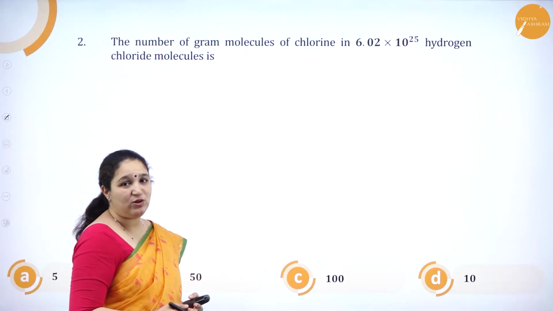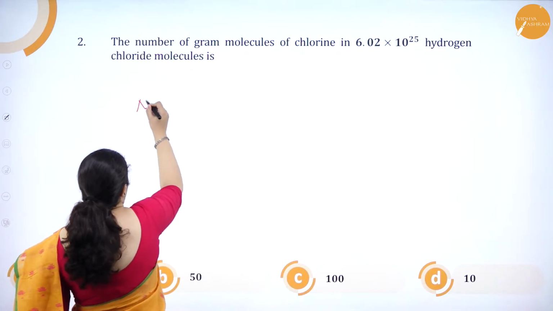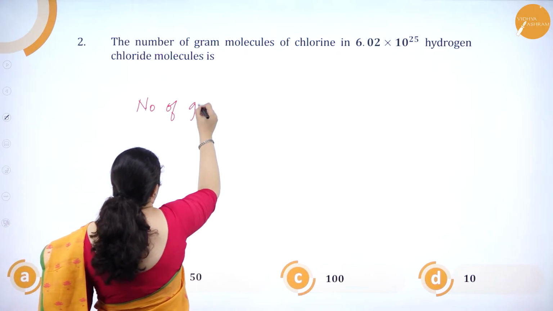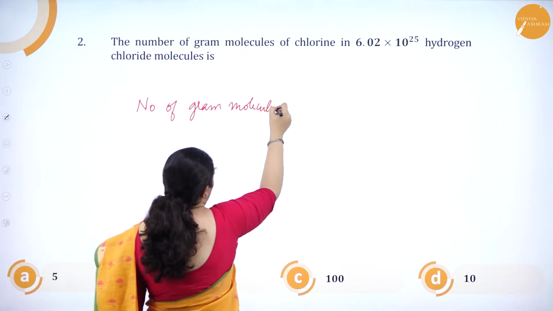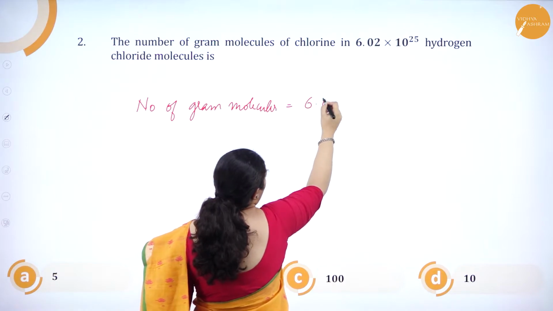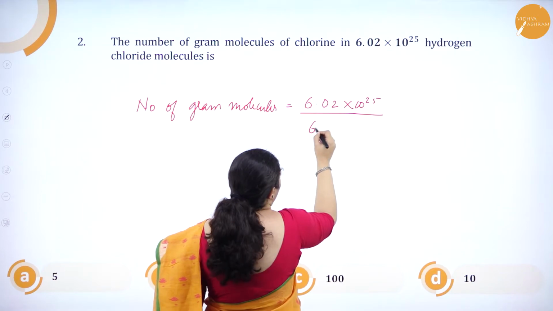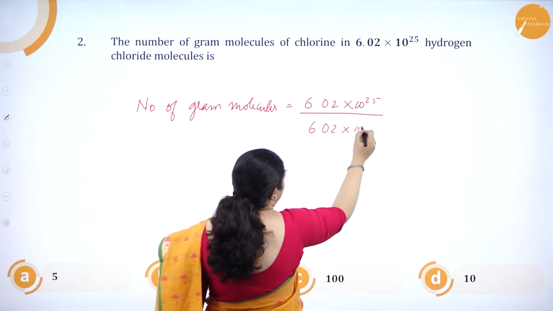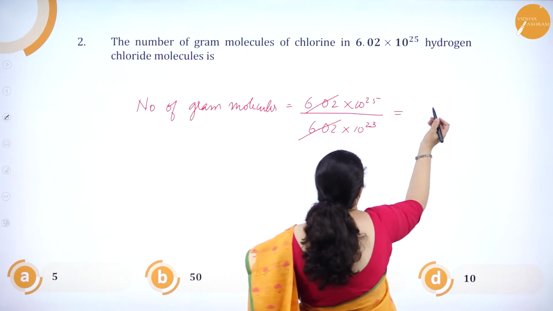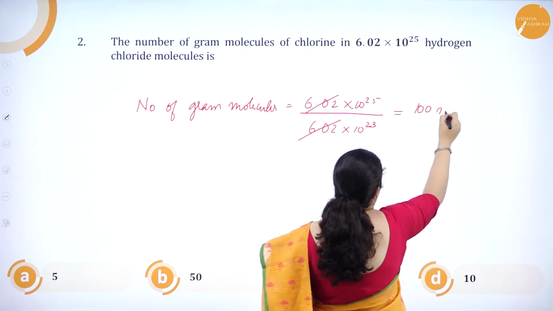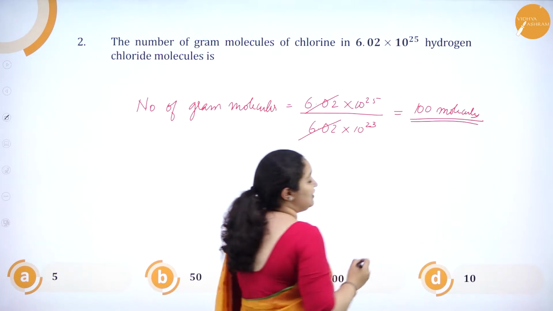First we'll find out the number of gram molecules of HCl which is there. I have 6.02 into 10 to power 25 molecules of HCl. Divide by Avogadro number, I am going to get 100 molecules. 100 molecules of HCl is there.